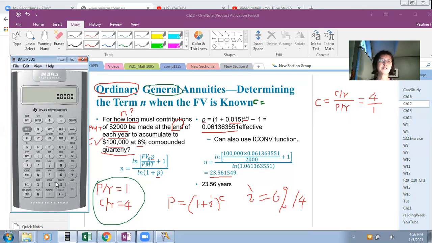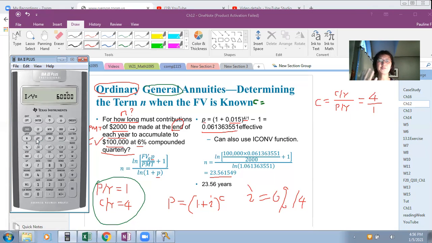And now enter 2000. Negative PMT. 100,000. That is FV, future value. 6 is interest I. Now you have entered 3 numbers.